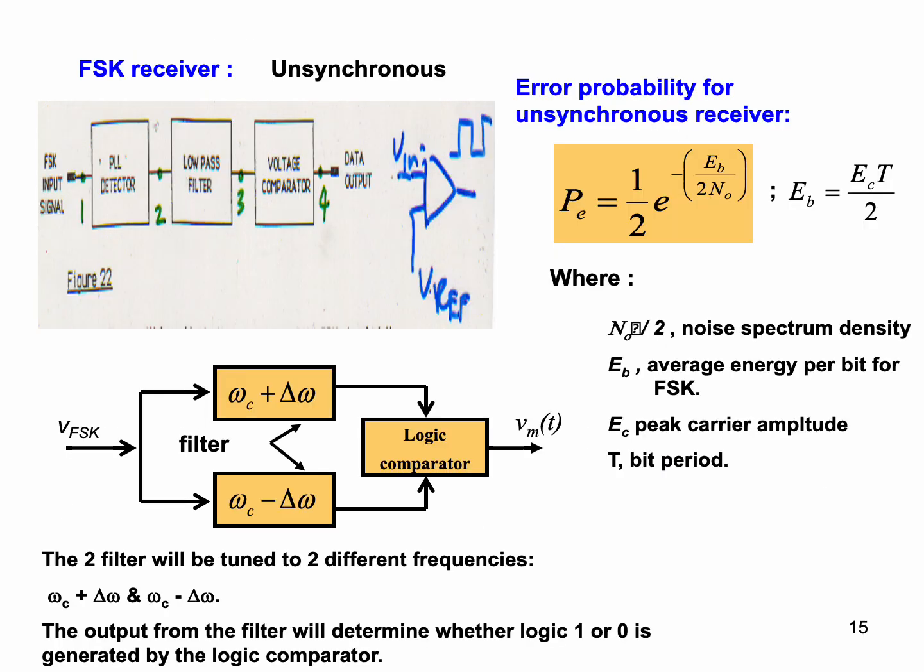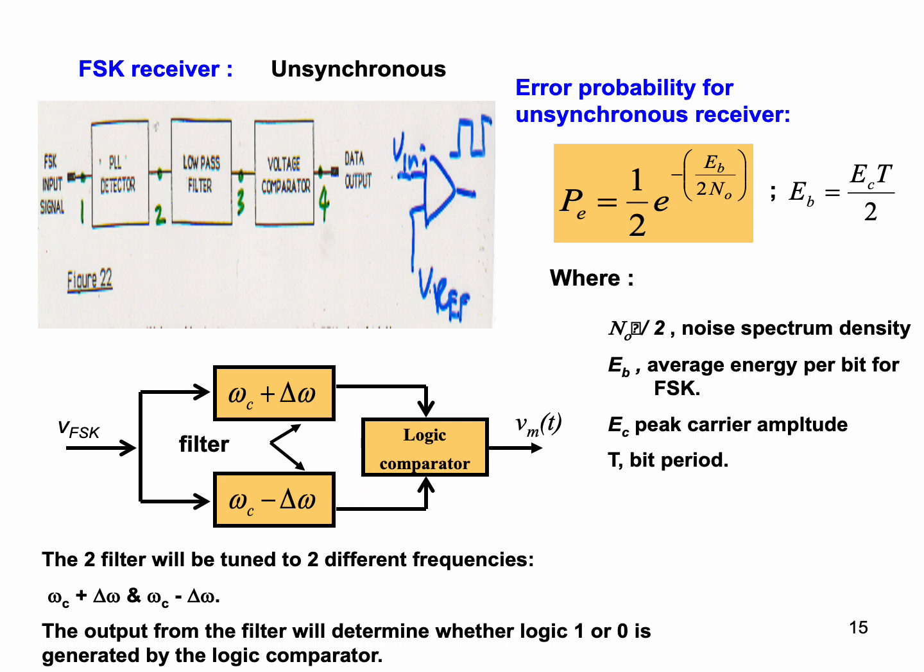For FSK, we can use both unsynchronous and synchronous receivers. Let's first look at the unsynchronous FSK receiver. This design utilizes two bandpass filters, each specifically tuned to one of the two distinct FSK frequencies, omega C plus delta omega and omega C minus delta omega.